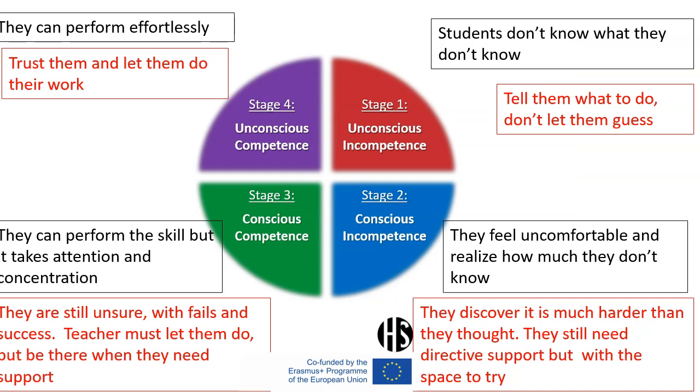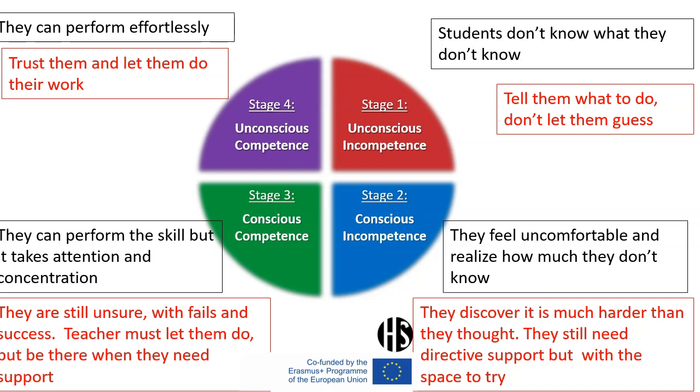So I found that this scheme can be interesting, through these four stages of learning. Stage one, unconscious incompetence. Students at the beginning don't know what they don't know. And red is what the teacher should do. We should tell them what to do and not let them guess.